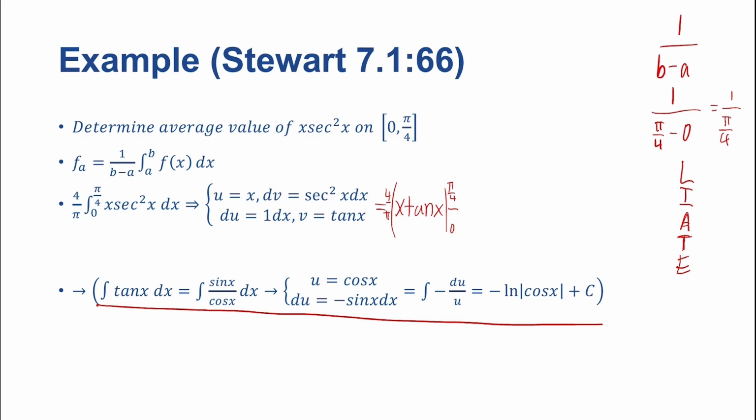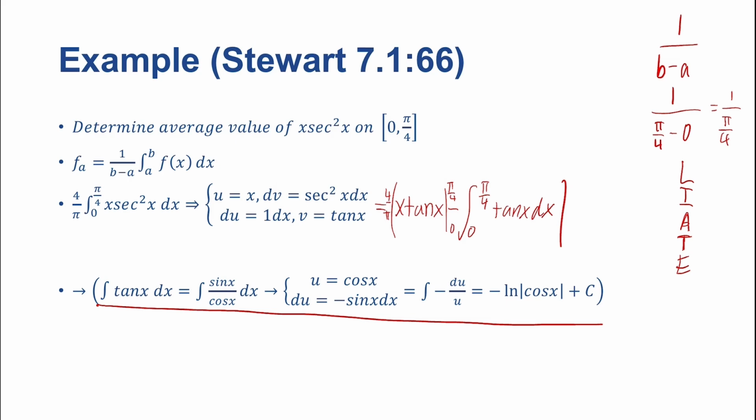So x tangent of x minus the integral between 0 and pi over 4 of v du, so that's going to be the tangent of x dx. Of course, we can close that parenthesis.